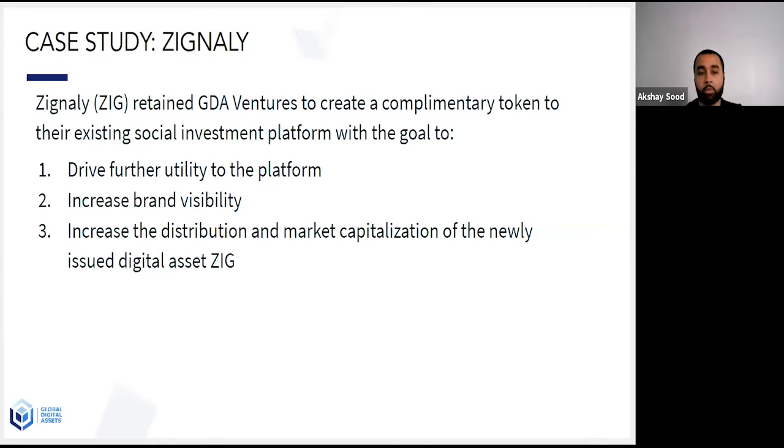On top of that, going to market with a token increases the brand visibility and the market capitalization of Zignally, the brand, the business model, as well as the token. And so, yeah, go to the next slide.